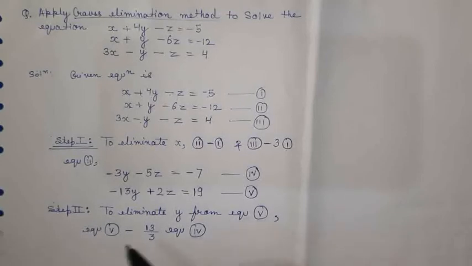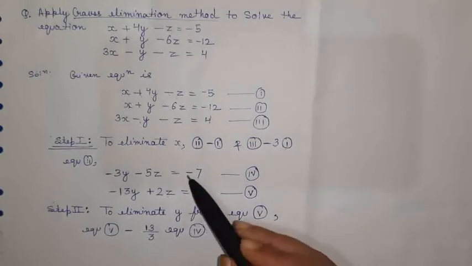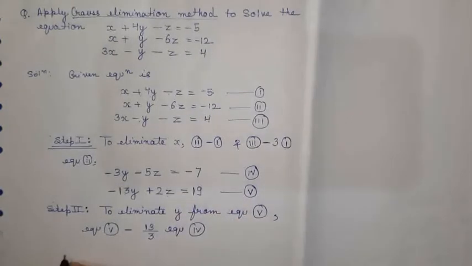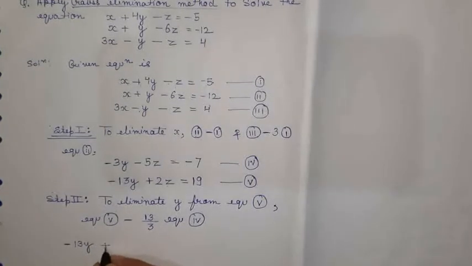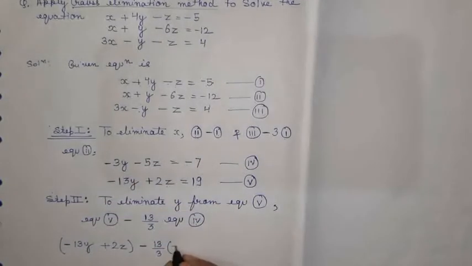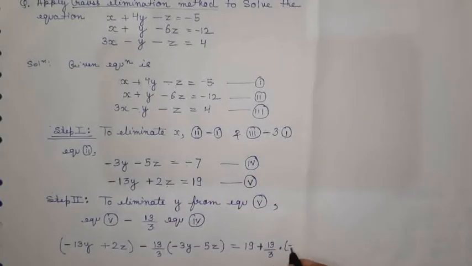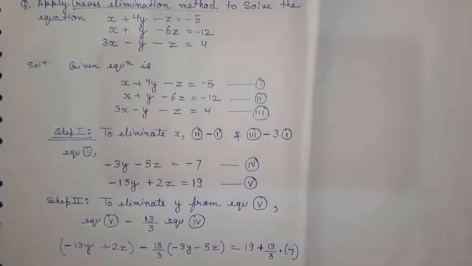So if equation 5 is subtracted by 13 divided by 3 times equation 4, then see what will happen: minus 13y plus 2z is equation 5, and we subtract 13 by 3 times equation 4, which is minus 3y minus 5z, and here 19 minus 13 by 3 into minus 7.